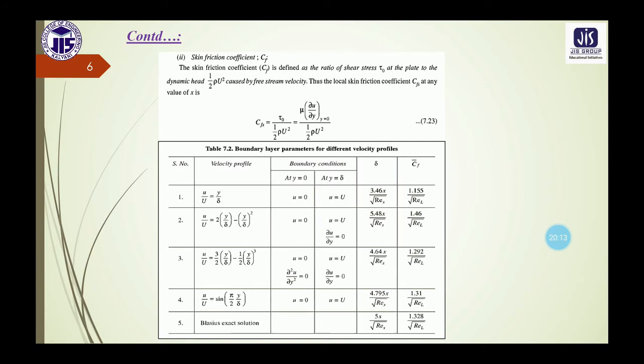As per the equation, we can see that in the table, the number 2 equation for the velocity profile is given here. So the formula for delta, the boundary layer thickness, will be 5.48x divided by root under Re_x, and the formula for the drag coefficient or skin friction coefficient will be 1.46 by root under Re_L.